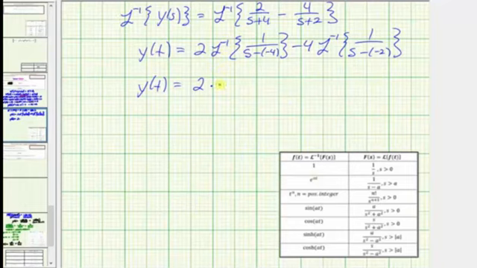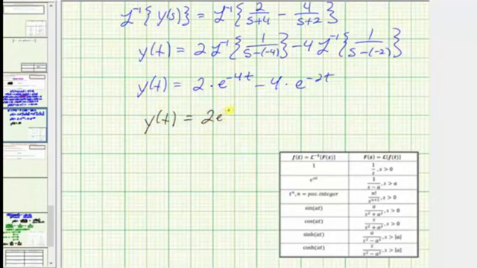So we have 2 times e raised to the power of negative 4t, and then we have minus 4 times, and again notice how this fits the form perfectly where a equals negative 2, so the inverse Laplace transform is e raised to the power of negative 2t. So here we have minus 4 times e raised to the power of negative 2t, which means the particular solution is y of t equals 2 times e raised to the power of negative 4t minus 4 times e raised to the power of negative 2t.